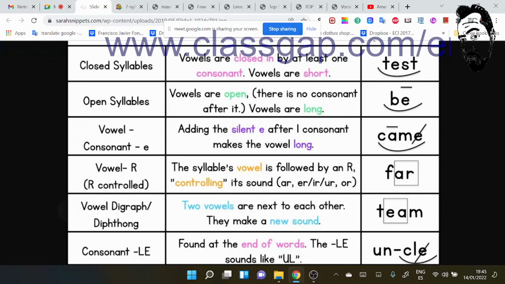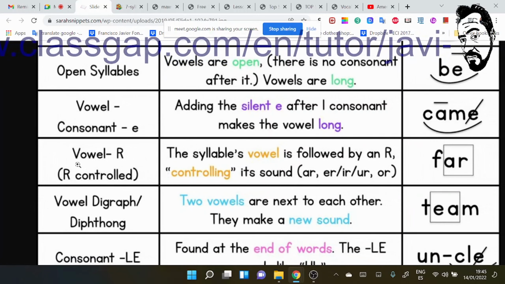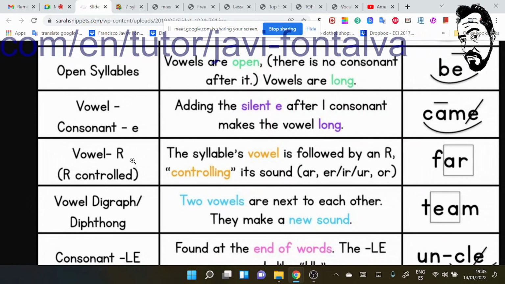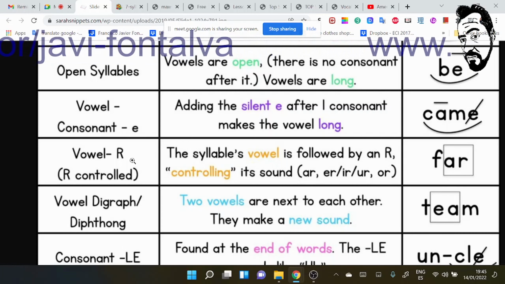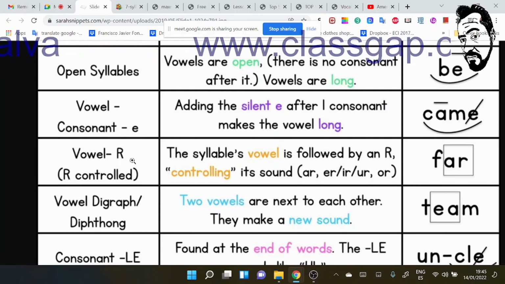Okay. Now, we also have what we call vowel R, or R-controlled syllable. Basically, that is a vowel plus the letter R, so the sound is going to be different.